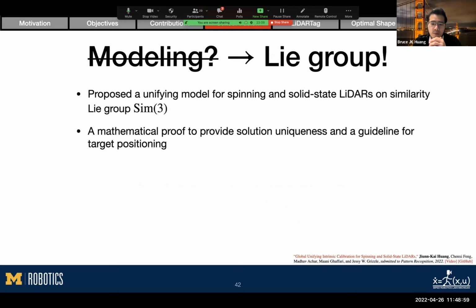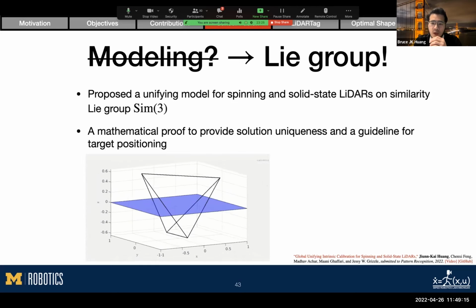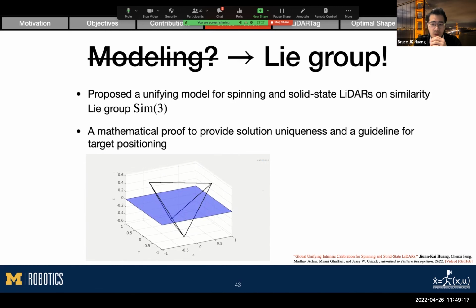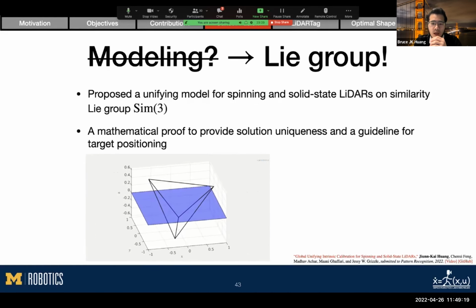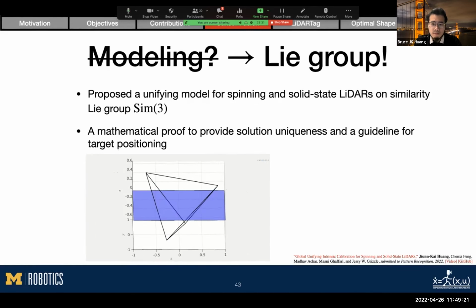The model is mathematically proved to be well constrained, meaning only one unique answer exists. The proof further provides a guideline for target position. If you arrange targets like a tetrahedron, the calibration model will only have one unique answer.